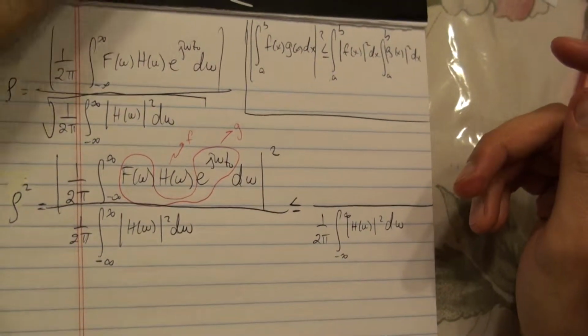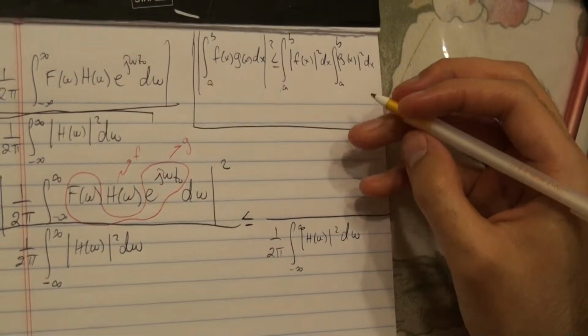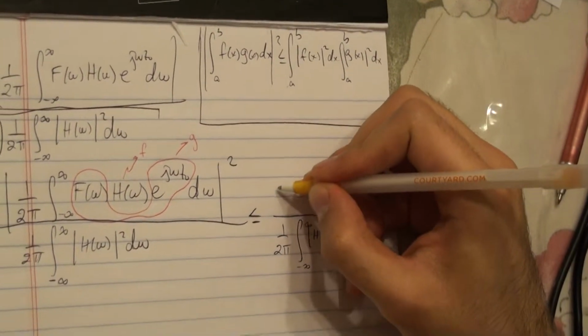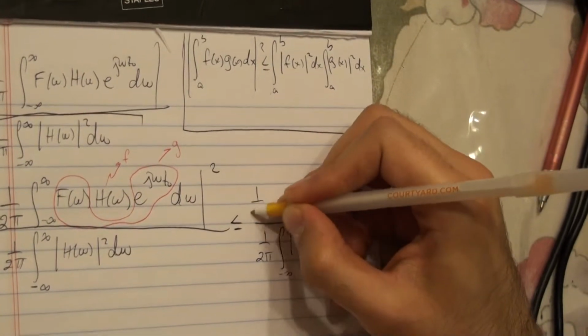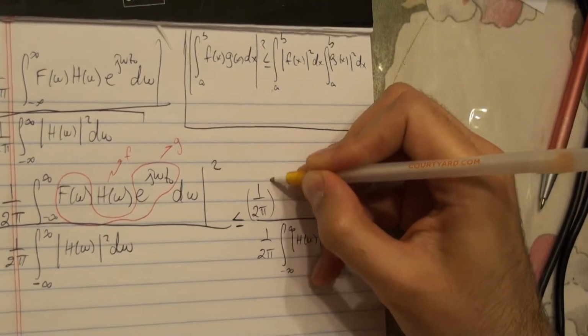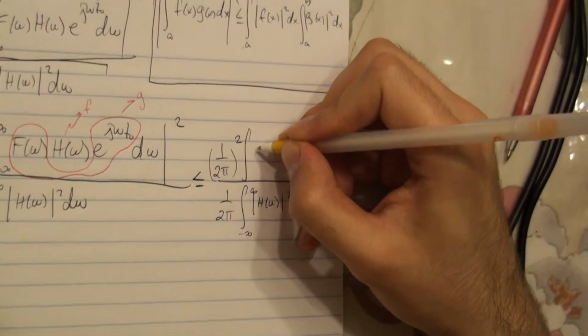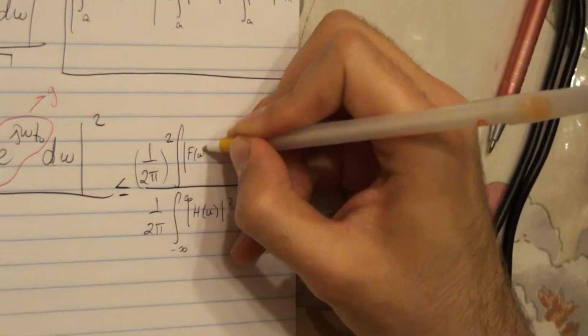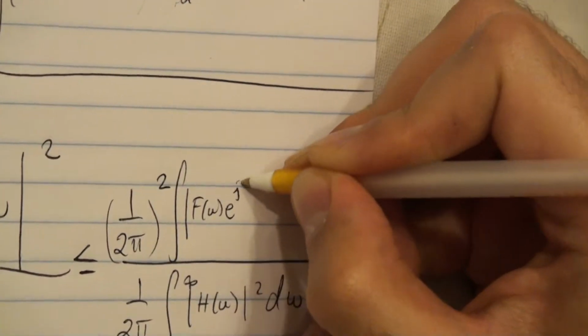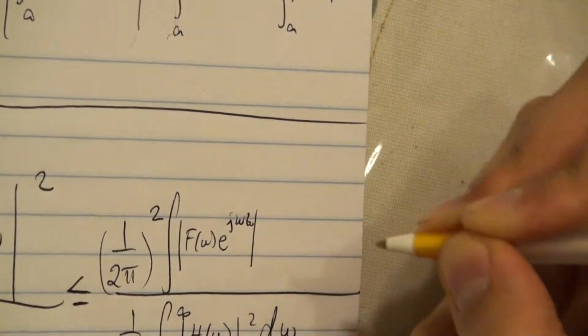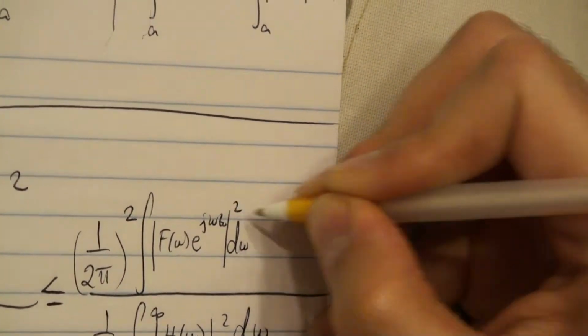So we have on the top, we get this guy because it's just a constant squared. Then we have f of omega squared.